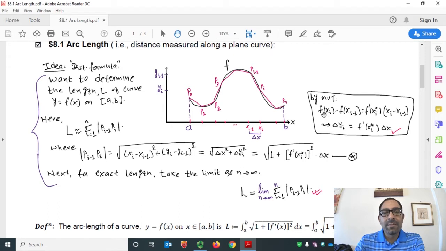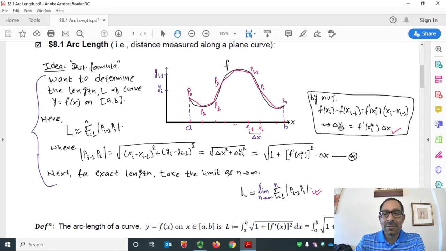And we know by the mean value theorem on the interval [x(i minus 1), xi], f(xi) minus f(x(i minus 1)) equals f prime of xi star times (xi minus x(i minus 1)). Here xi star is a point in the interval (x(i minus 1), xi). Then it gives me delta yi equals f prime of xi star times delta x.